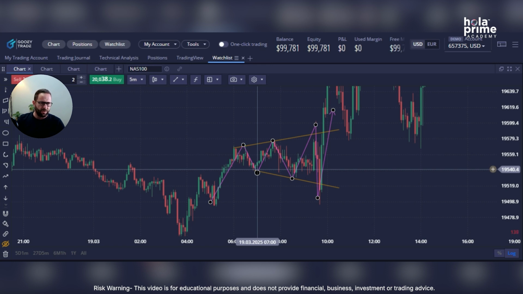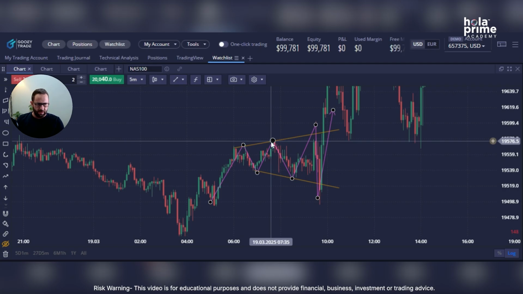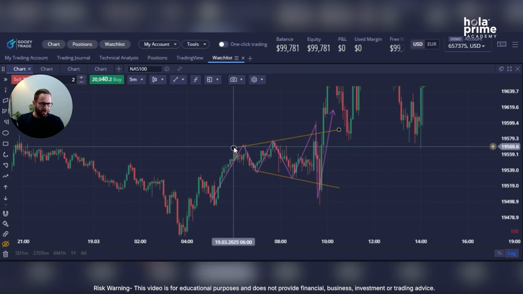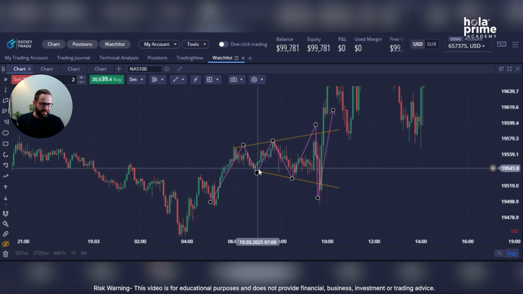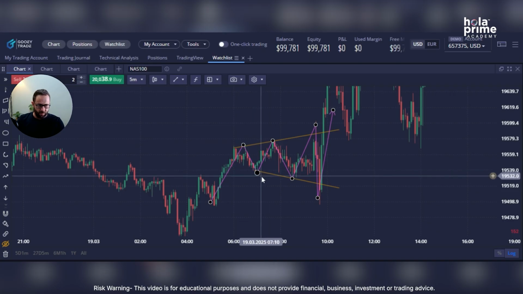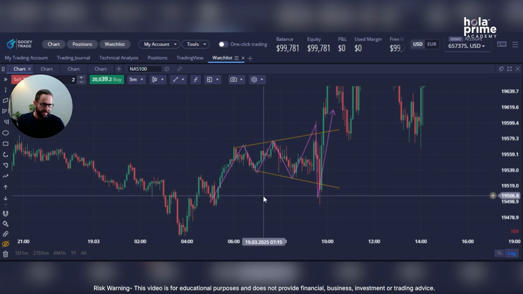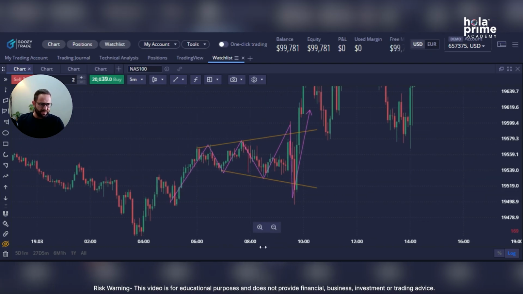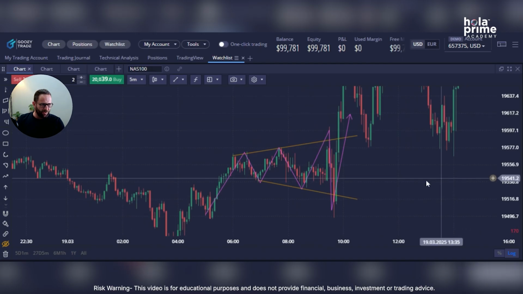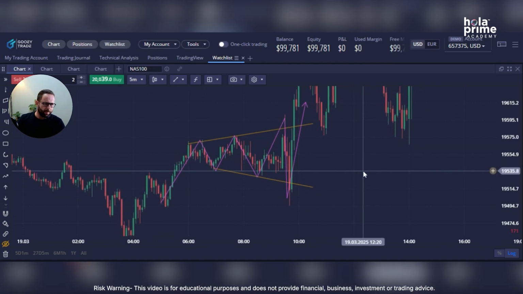When it comes to expanding triangles, because of their very volatile nature, they typically go beyond the previous highs and lows of the internal waves where they ended. They could typically extend to 1.618, 1.786, sometimes 200% of the previous wave. But it's a bit unusual to say for sure they're going to stop at 1.618 or 1.786 or whatever the expansion ratio might be.